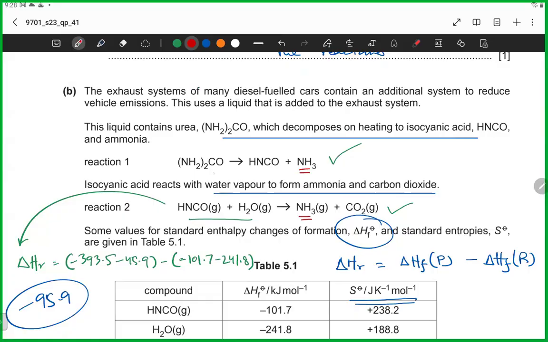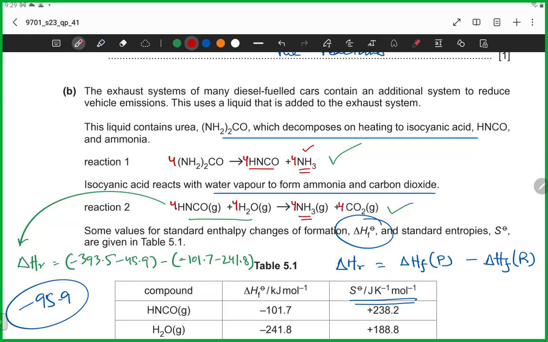So I think we're going to start with 4. The first reaction produces 4. The reason I did not go for 8 is because 4 of the HNCO produced in the first reaction are going to react with 4 H2O, and produce 4 more NH3, right?